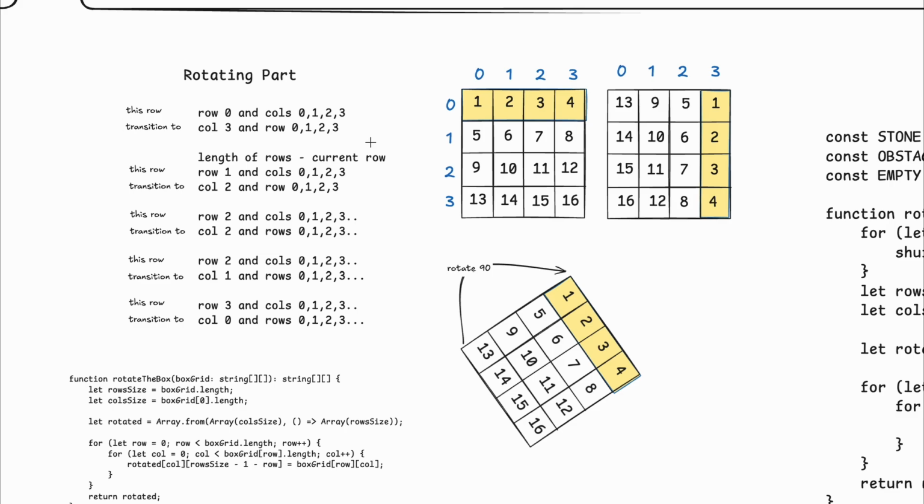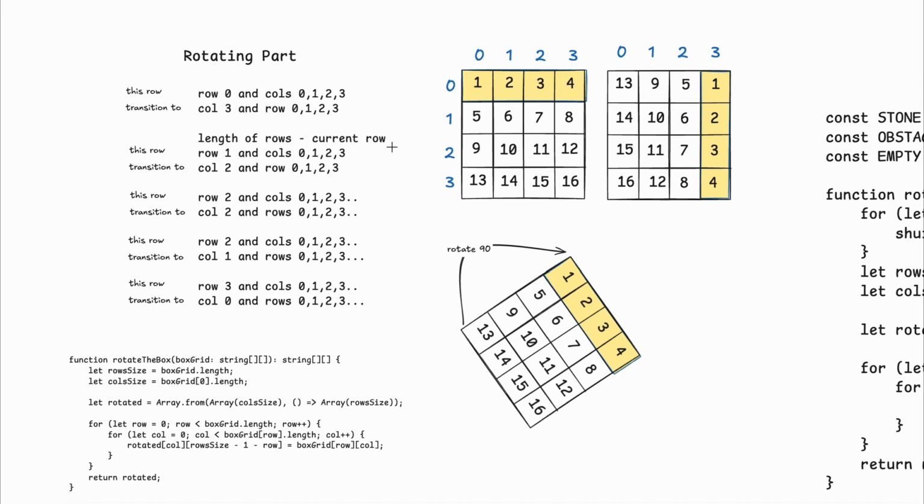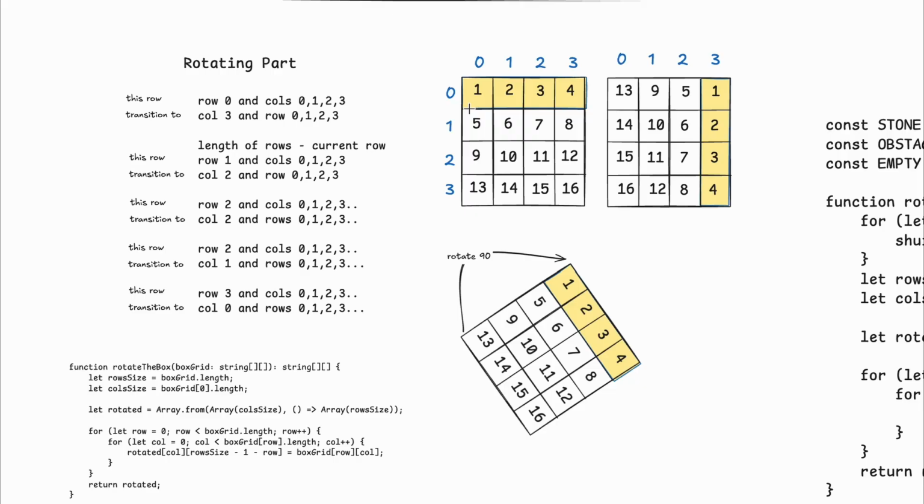In order to resolve the problem, we have to recognize the pattern, or patterns, of how these changes happen. We have a matrix, for example this one, and another matrix which is the result of rotating. Literally it's happening like this.